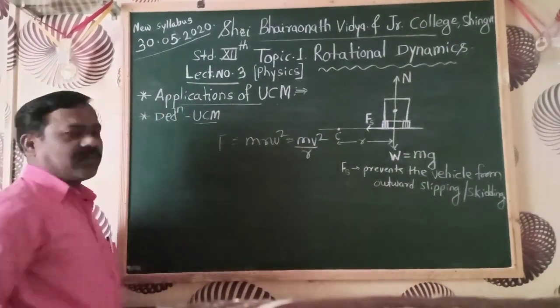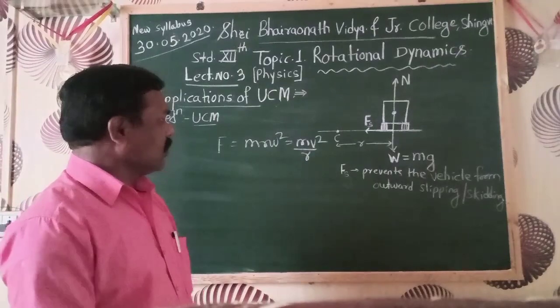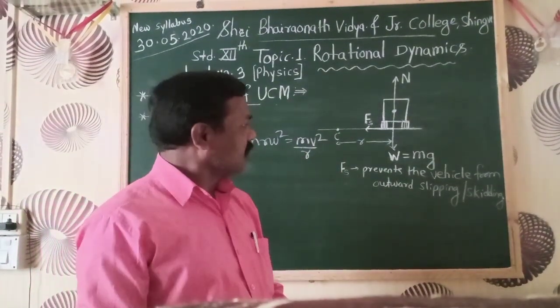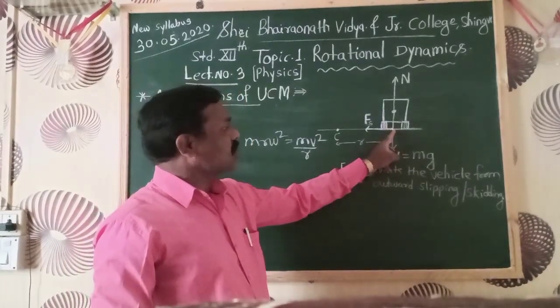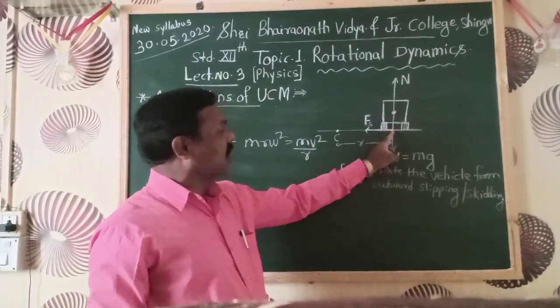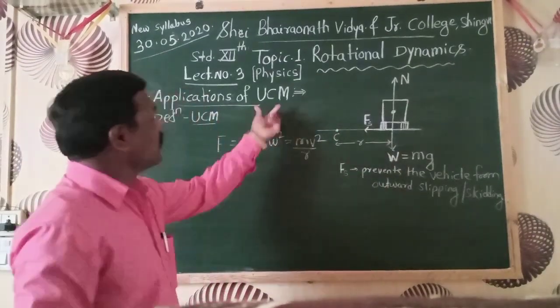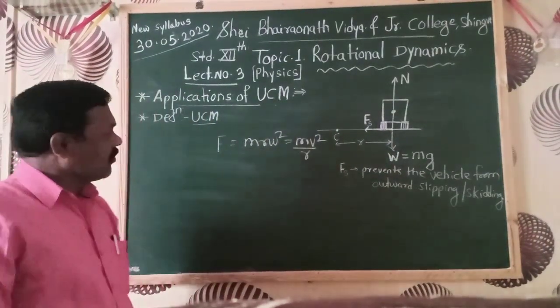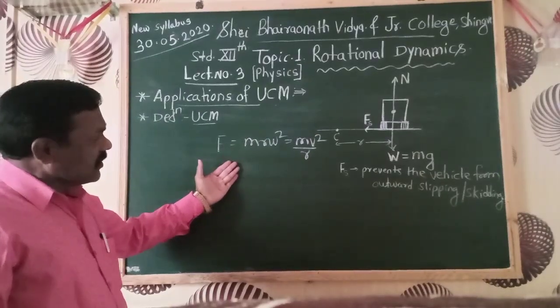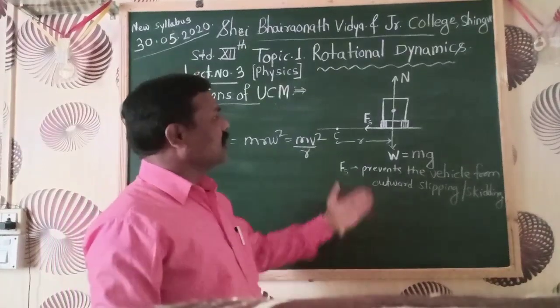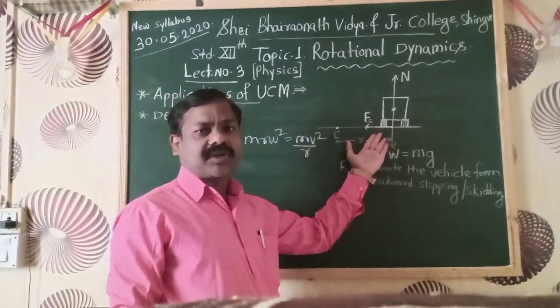This is the mathematical form of centripetal force. Due to this force the vehicle is in motion, and the force acting on the vehicle is directed towards the center of the circular track because the motion is UCM. But we have to explain the maximum speed of any vehicle along the given horizontal circular track.